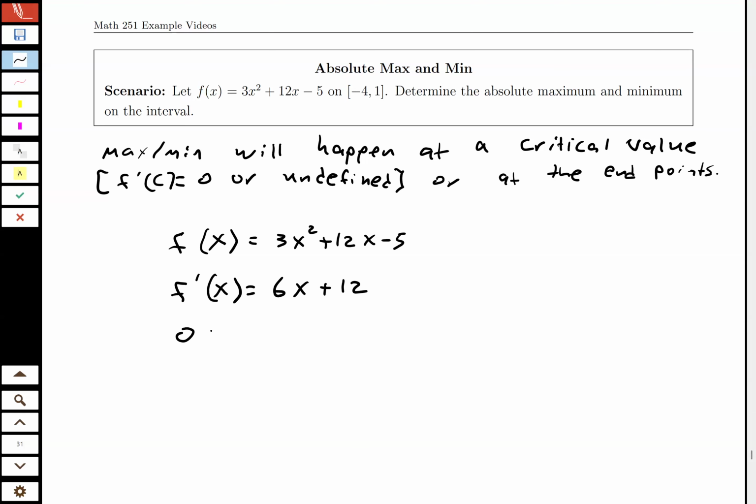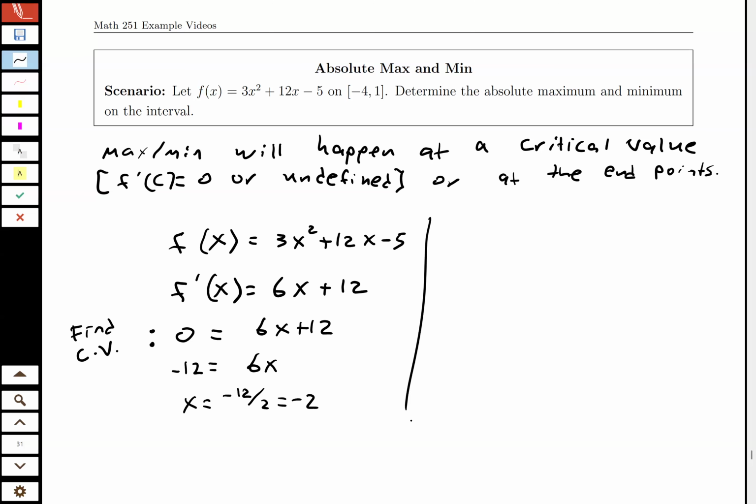If I set this equal to 0 to find the critical value and solve, I'll subtract 12. I'll divide by 6. I have a critical value of x equals negative 2.